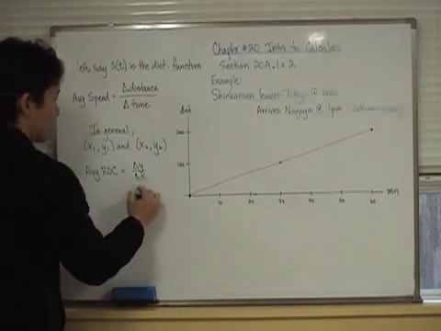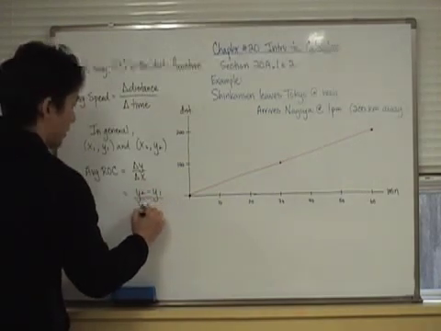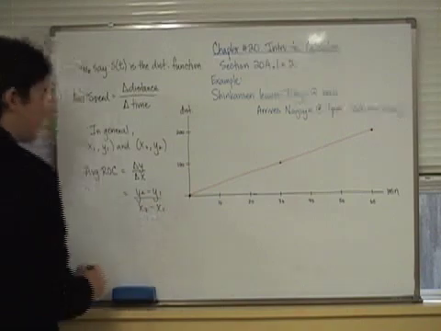So this is y sub 2 minus y sub 1, all divided by x sub 2 minus x sub 1.